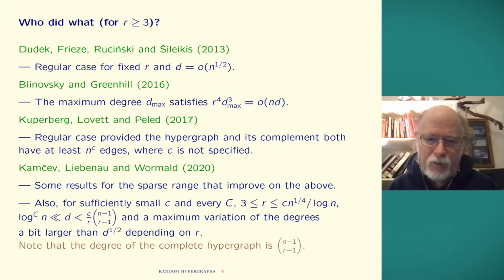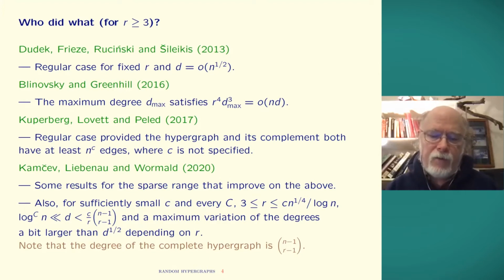That expression looks a bit mysterious until you realize that n minus 1 choose r minus 1 is the degree of the complete hypergraph, where every set of size r is an edge. So they've hit up to the density c over the edge size, where c is a sufficiently small constant.